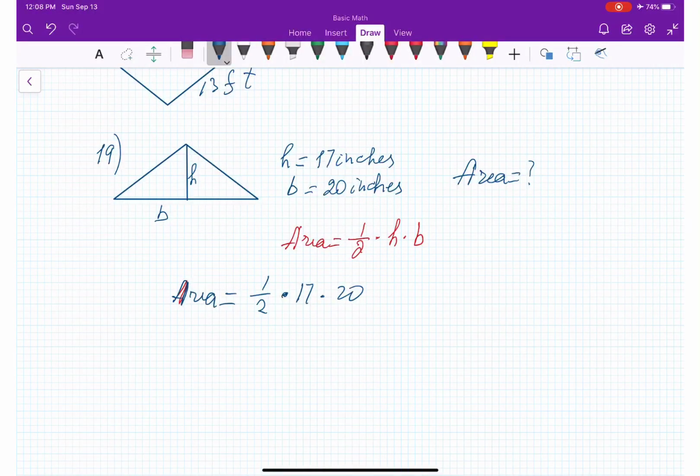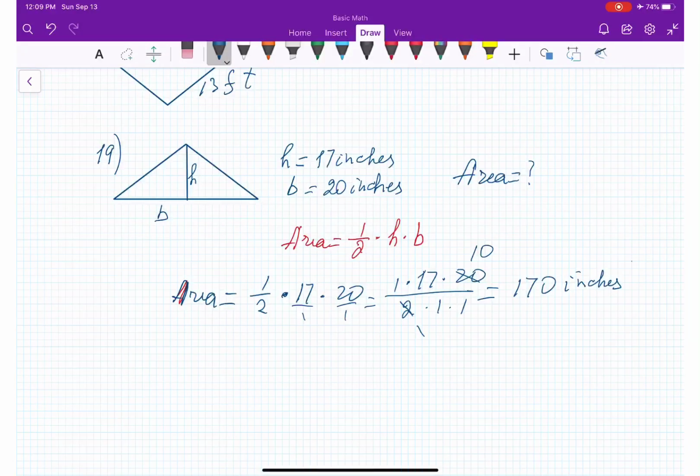So when I multiply, I can represent 17 over 1, 20 over 1, and I will get 1 times numerators multiplied by each other, denominator, like that. So I can reduce 2 and 20 by 2. This will be 1 by 2, 20 by 2 will be 10. And I have 1 times 17 times 10. 17 times 10 is 170. It's going to be inches square, or inch squared.